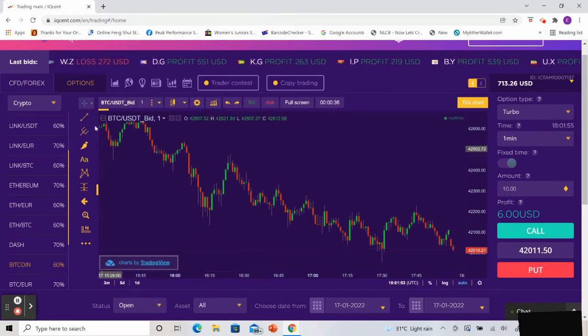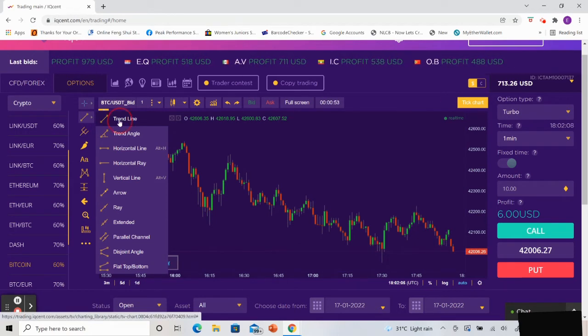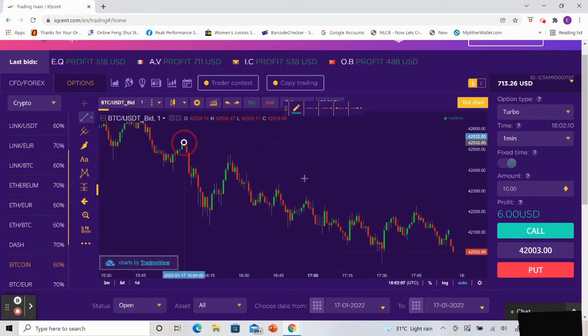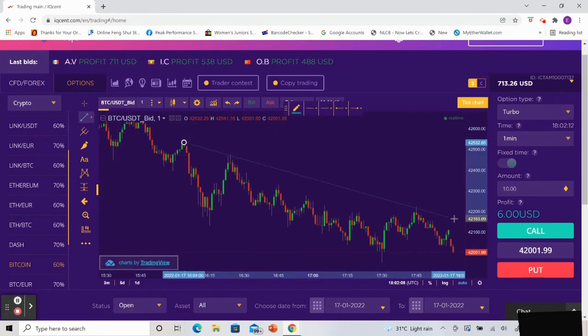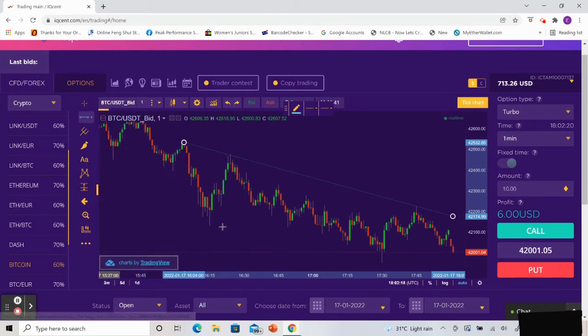On the left-hand side, these are what you call the tools. This is your toolbar, where you would get your tools. If I click on the first one, you see trend line. I can draw a trend line from here to there. I can also insert a horizontal line.